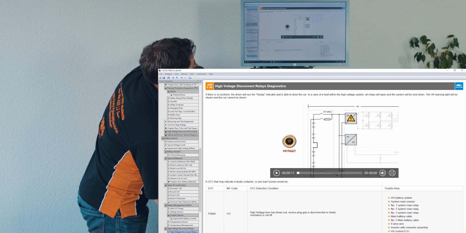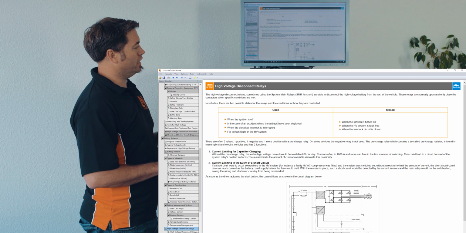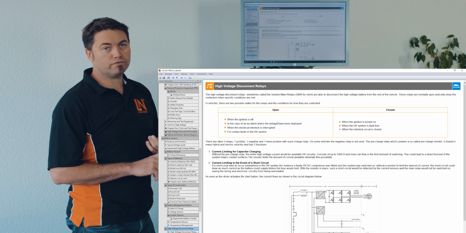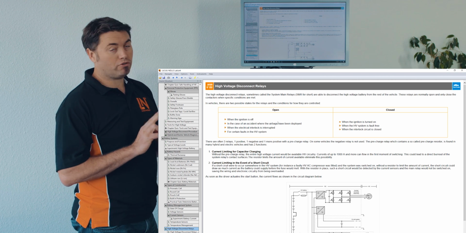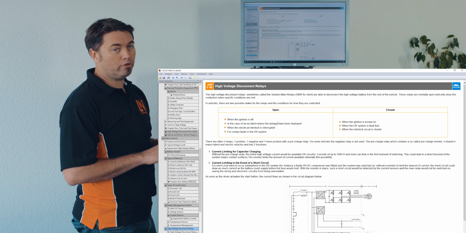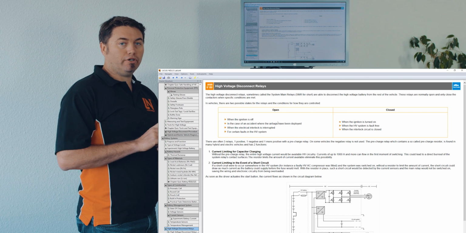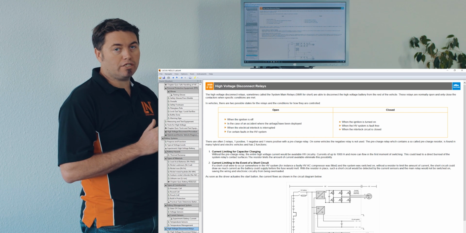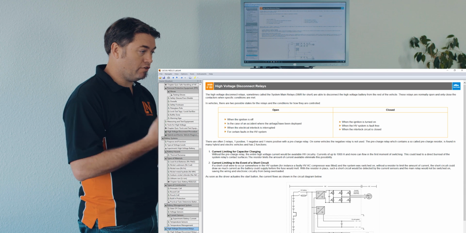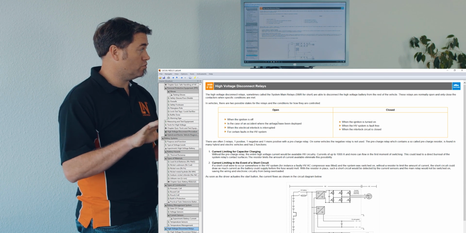Now, some of the conditions: the relays are open when the ignition is off. That means if the 12-volt battery is disconnected, these relays should be open. If the airbags have been deployed, the system will open the relays as well. Even if you disconnect one of the airbag connectors on one of these vehicles, the system will shut down.